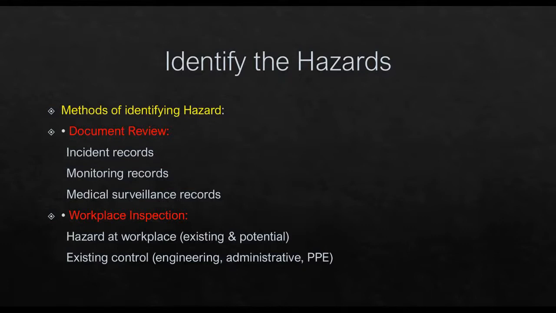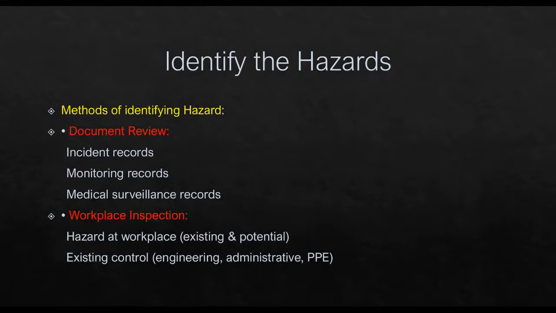So we already know what kind of incidents, the frequency of the incidents that happened, and then what kind of monitoring process for that hazard, and any medical surveillance record available for that hazard.